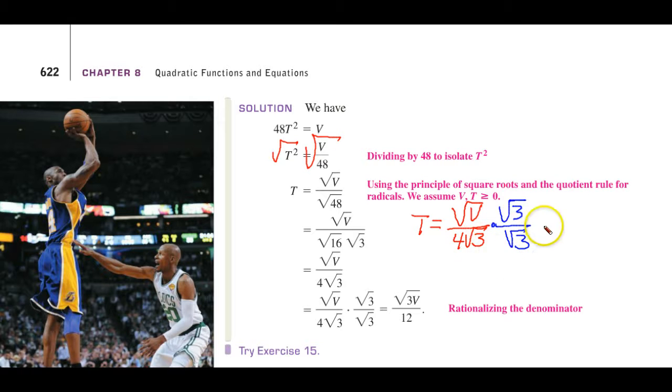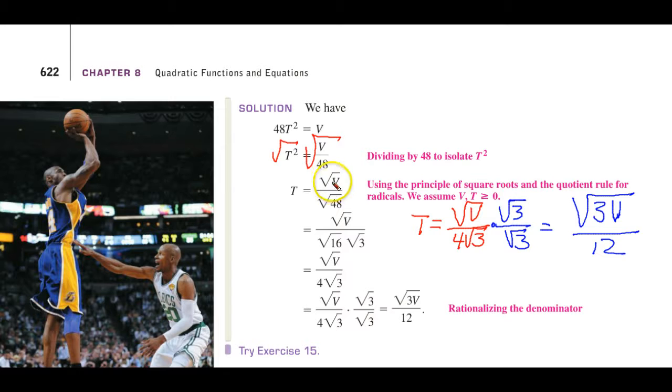We are rationalizing that denominator. So our numerator becomes the square root of 3v, all over. Now, square root of 3 times square root of 3 is 3, or square root of 9. Square root of 9 is 3, and this becomes 12. And there's where you get the final answer.